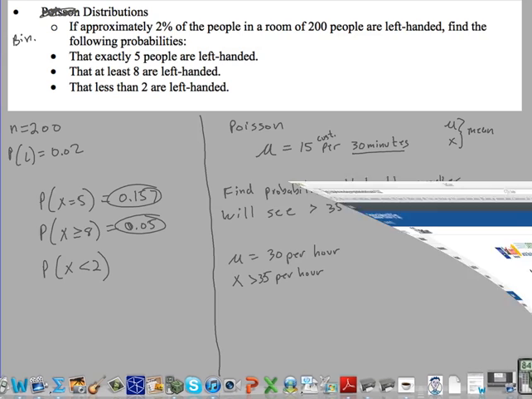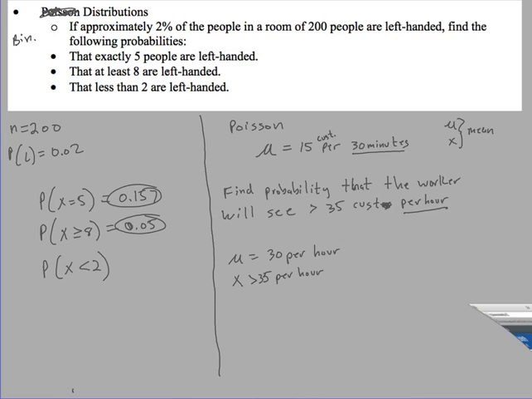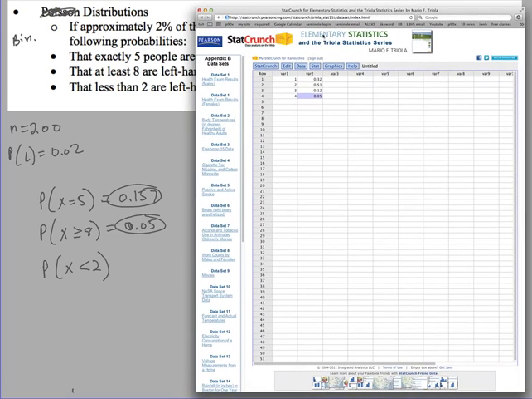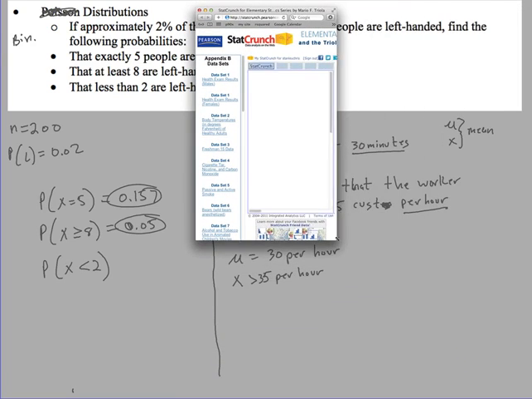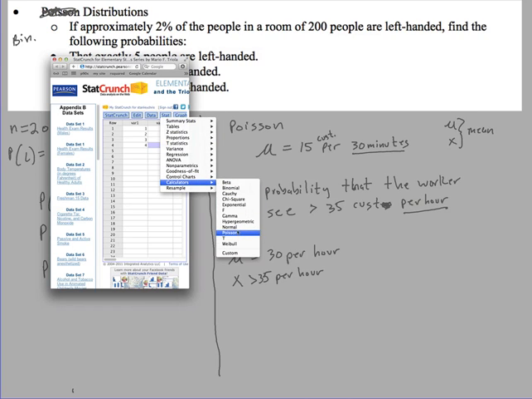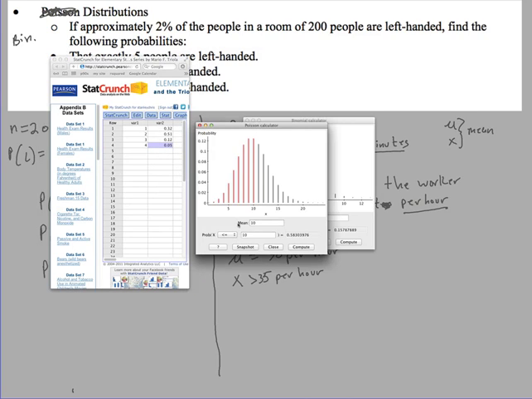Let's go back to our StatCrunch. Okay, so we go to Stat, Calculators, Poisson. Our mean is 30, and we need to see greater than 35.